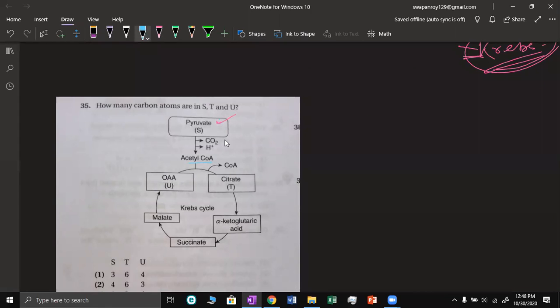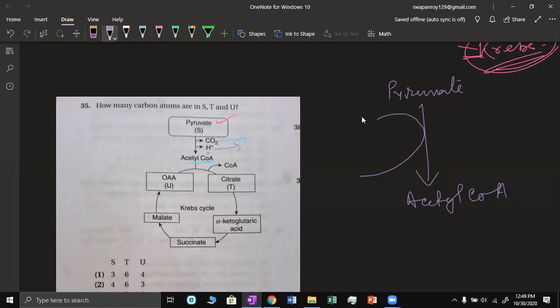During the formation, see this pyruvate in the question. This is the Krebs cycle, in abbreviated, very simplified form. This pyruvate changes into acetyl coenzyme A. During this process carbon dioxide comes out, and hydrogen is removed. NAD is involved, and NADH2 is formed.